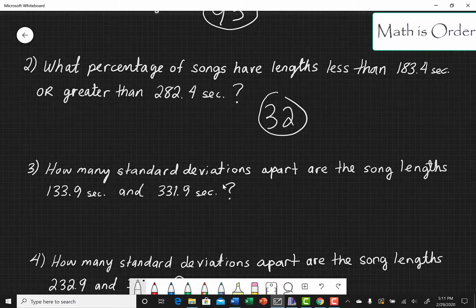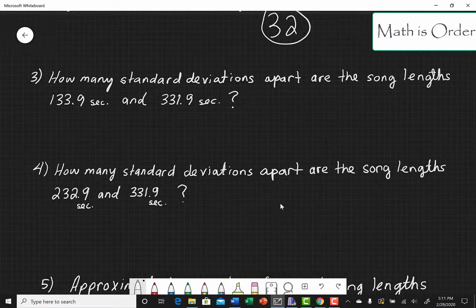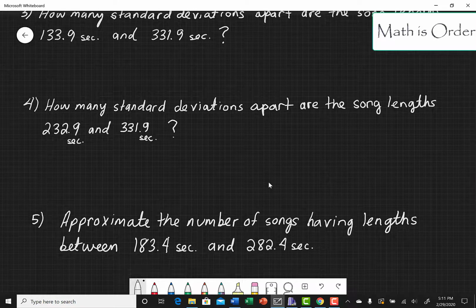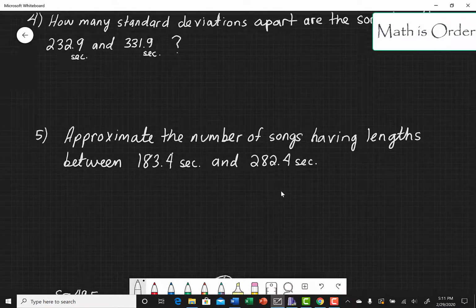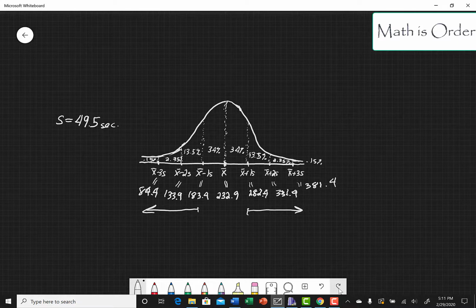Here we're asked how many standard deviations apart are the song lengths 133.9 seconds and 331.9 seconds.